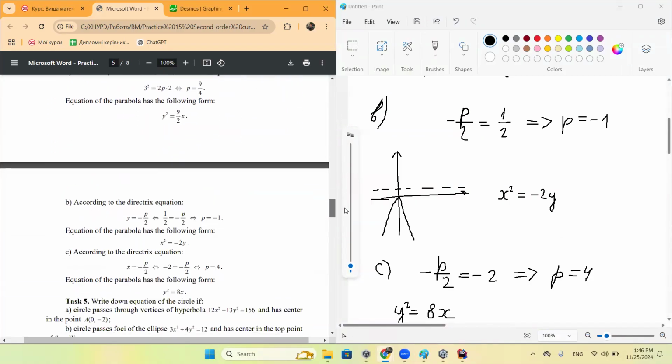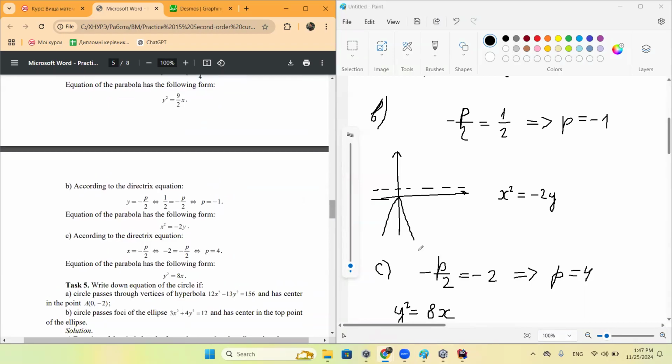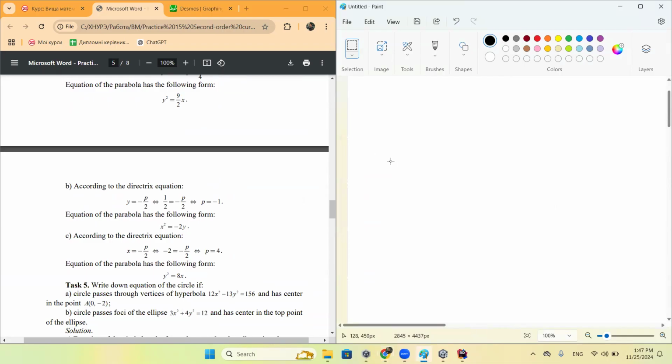Task number 5. So now we need to find equations of the circle.